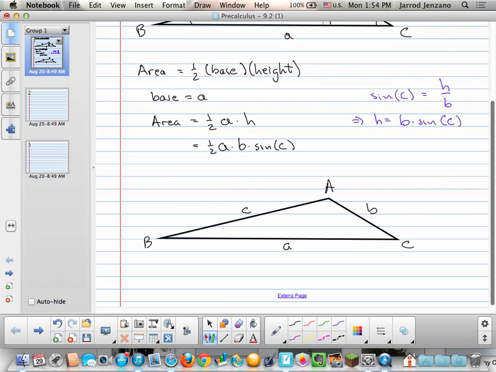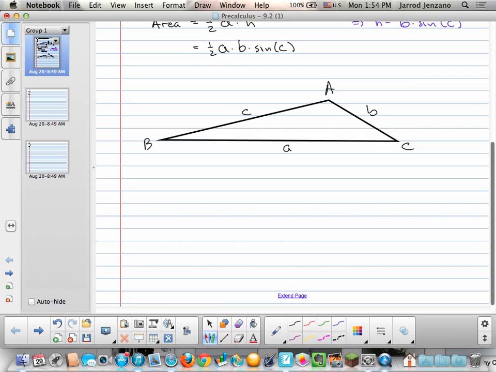What if I chose something else as the base? Let's flip it and say that the base is C. So area equals 1/2 of length C times the height.